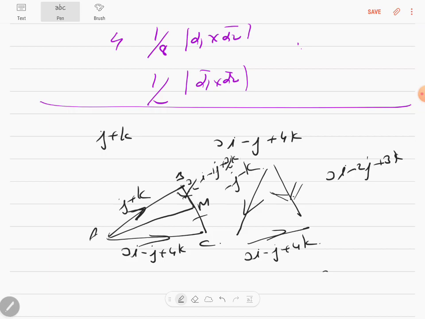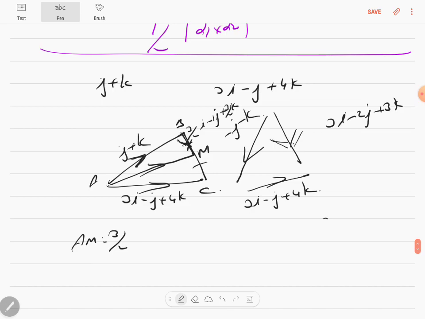Thus you get this vector, which is in this direction. So in the same direction you can find AM, which will be the sum of these two vectors. So AM therefore is 3 by 2 into i, plus 0j, plus 1 plus 3 by 2, which is 5 by 2 k. So you got this AM.